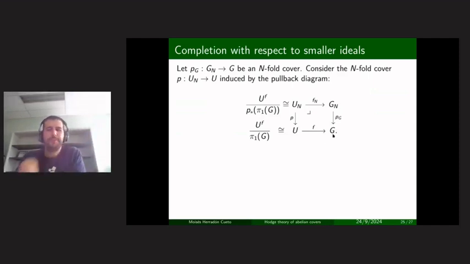So what you do is you take a finite cover of a group, and if you pull back this finite cover, you will get a finite cover of your variety, which is again a smooth variety itself, and there will be a map.